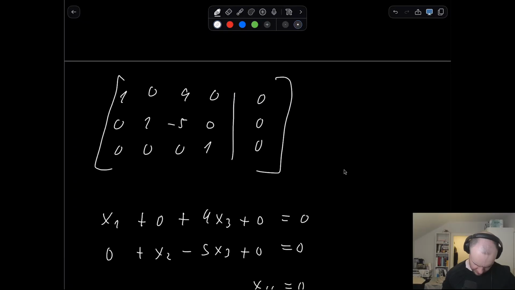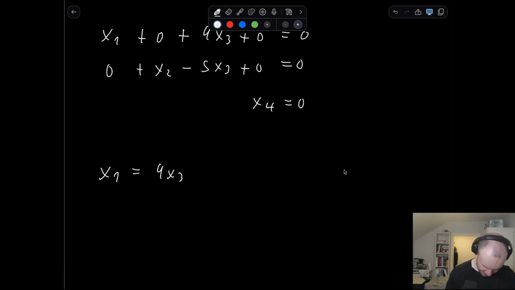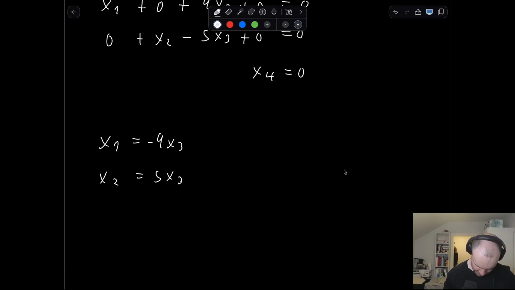Then I have that x2 is equal to 5, not minus 5. My calculation here is pretty stupid now. Okay, x3 like that, and of course this should be minus. And of course x4 is equal to 0.